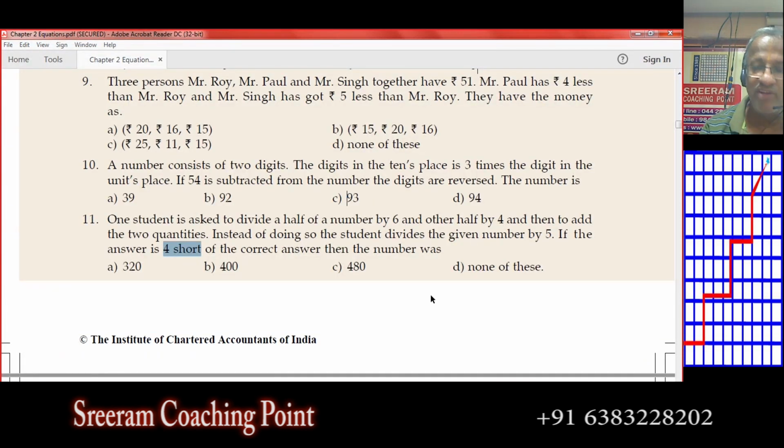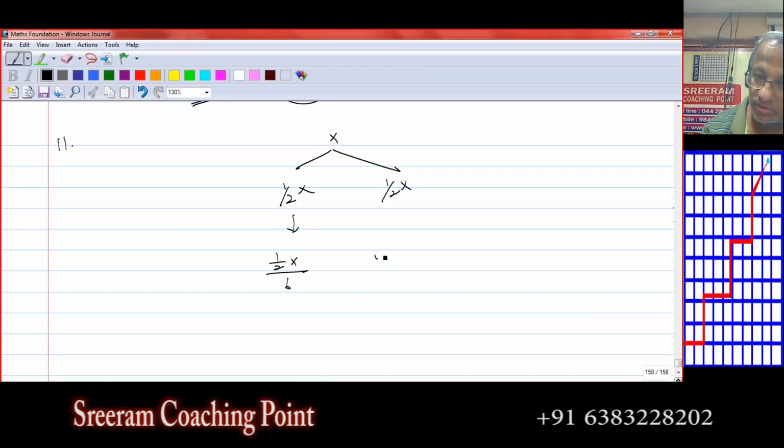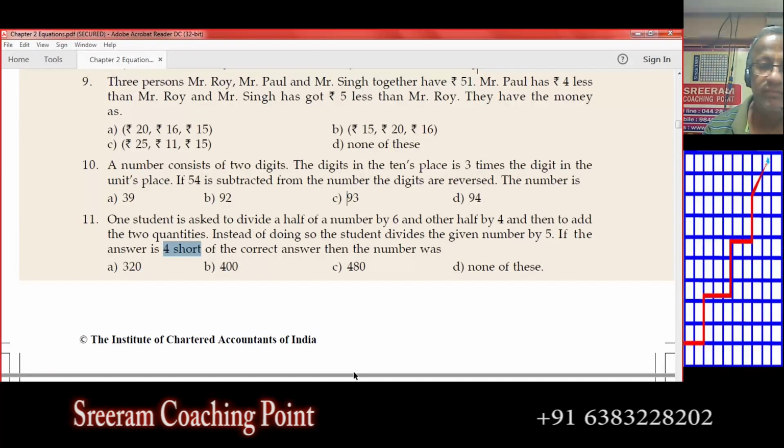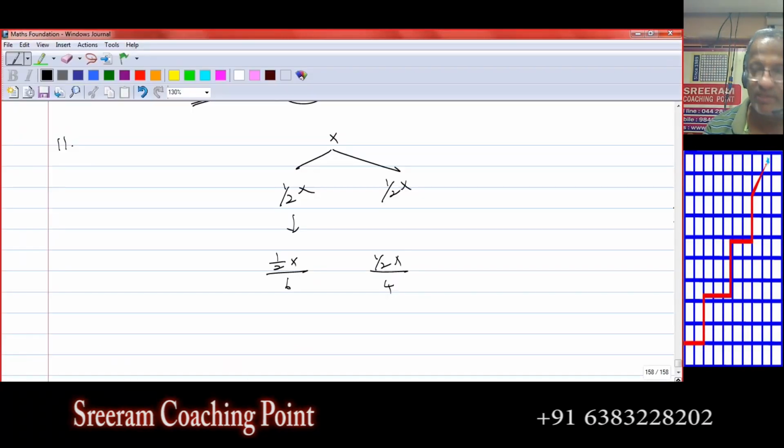The other half by 4. And then to add the quantities. So this is going to be 1 by 12 x plus 1 by 8 x, which is equal to 10 by 48 x. Already we have discussed how we have got it.